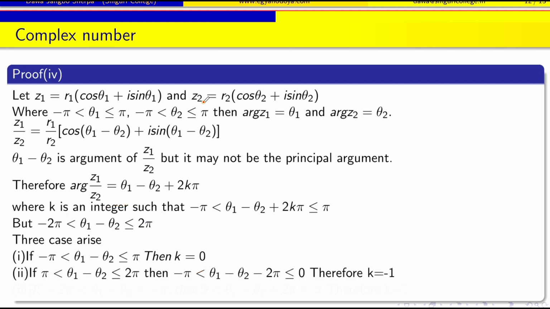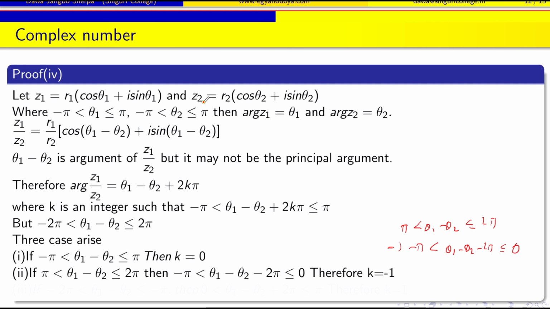The next case is when pi is less than theta 1 minus theta 2, up to 2 pi. That is similar to minus pi less than theta 1 minus theta 2 minus 2 pi less than or equal to 0.